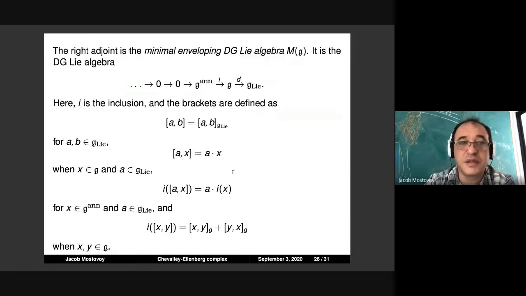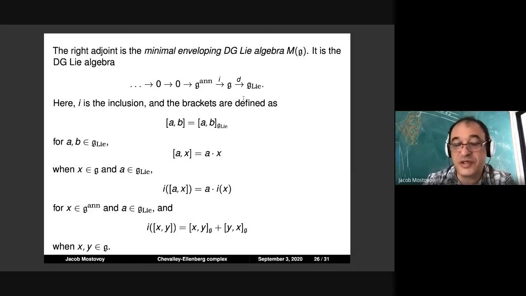And the right adjoint is the minimal DG algebra, we call it. So this is simply this short exact sequence, three-term exact sequence. You have to define the brackets, but it's not very difficult.